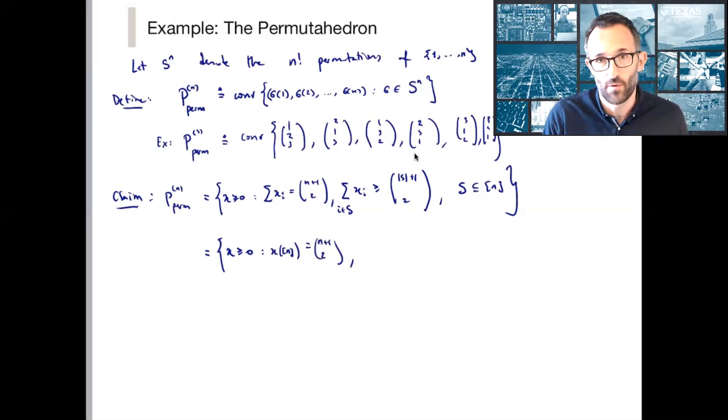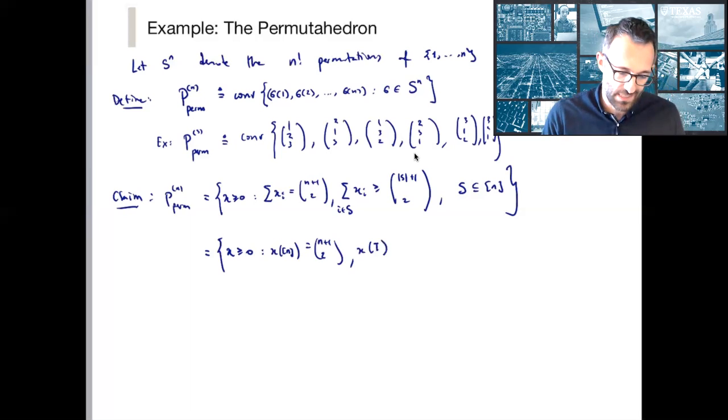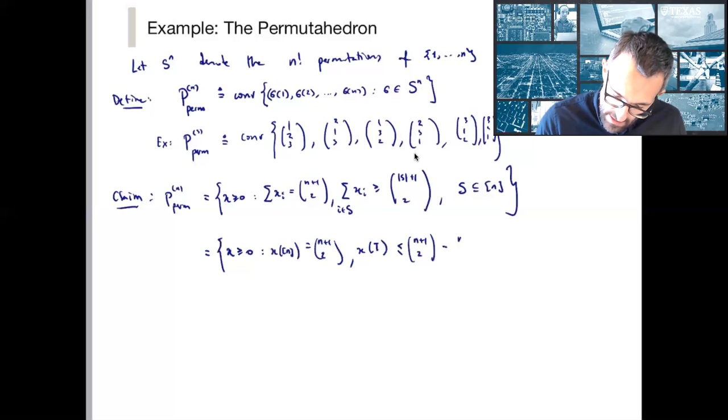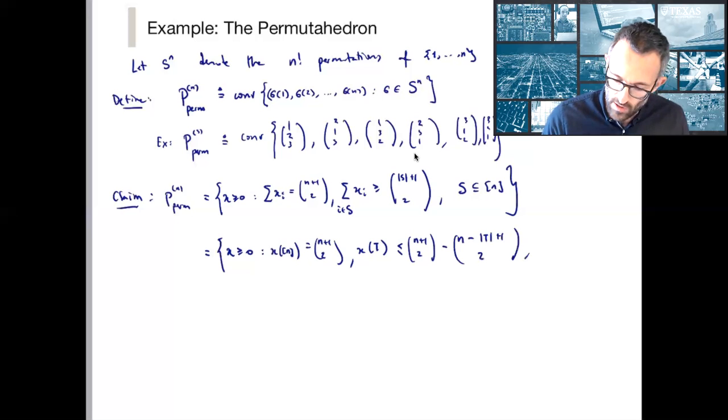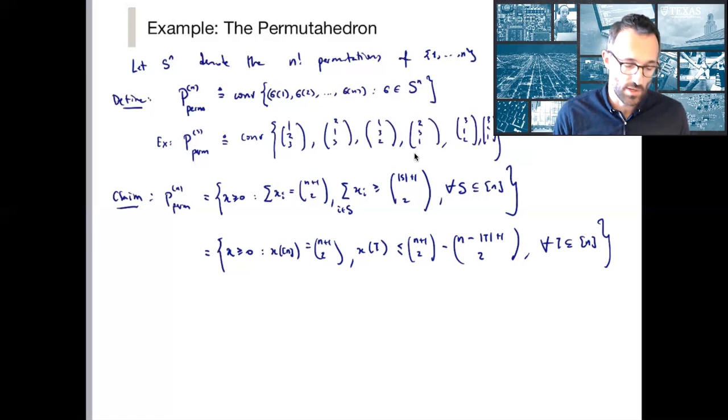And similarly, rather than write the sum over a subset of xi, I'll write x of T, now I want another subset named T. Now this is less than or equal to (n+1 choose 2) minus (n minus cardinality of T plus 1 choose 2). You can easily see that these formulations are equivalent. And so again, the fact that the Permutahedron is contained in this is straightforward, as we argued.